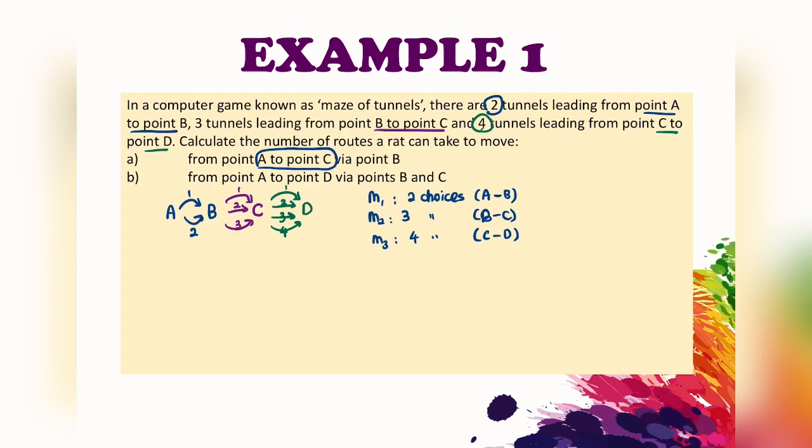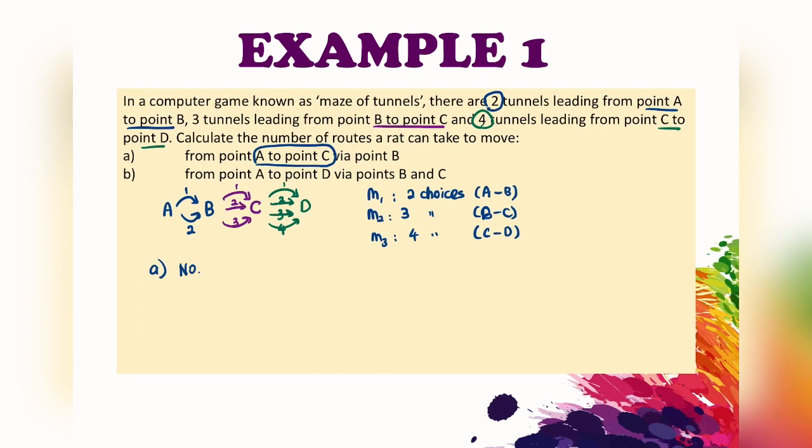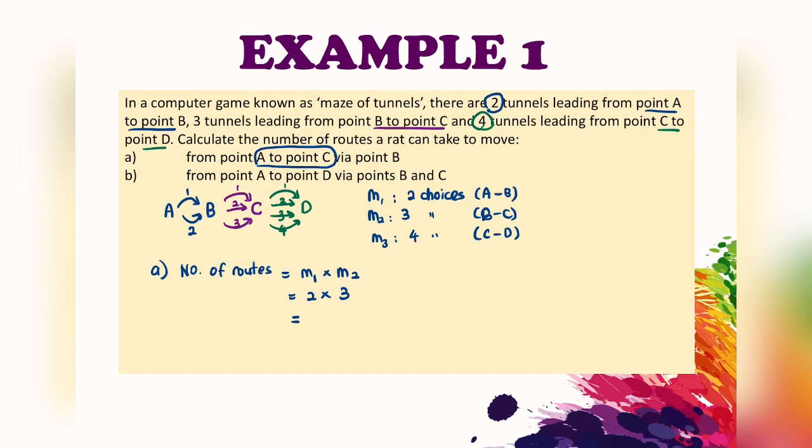So now we can say that the number of routes that the rat can take from point A to C is 6, where M1, which is 2, will be multiplied by M2. So 2 times 3. In total, there will be 6 routes for the rat to take.